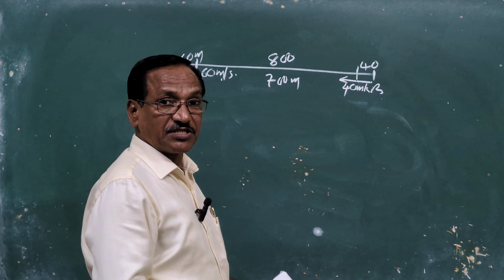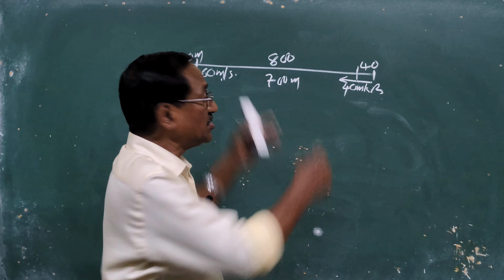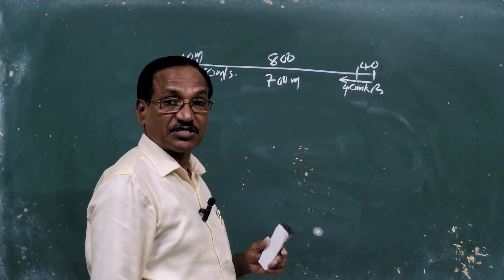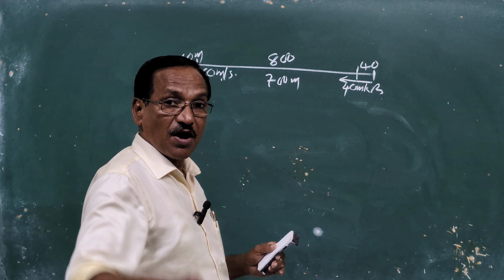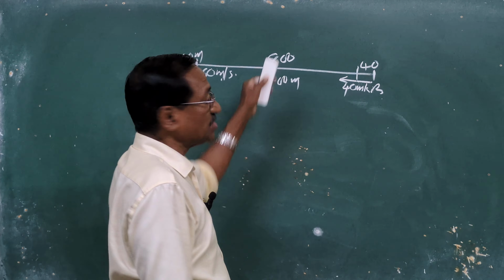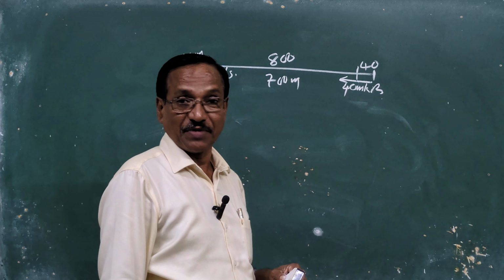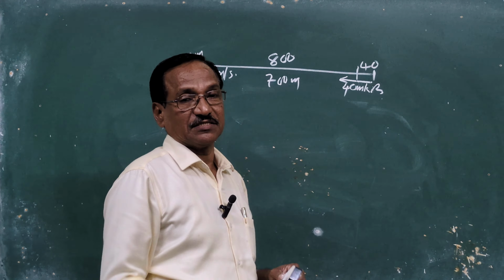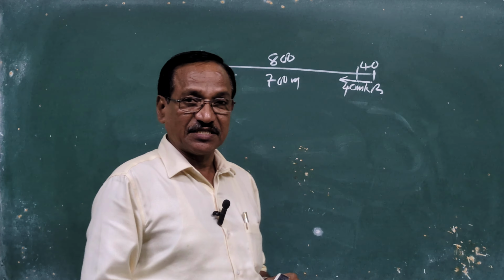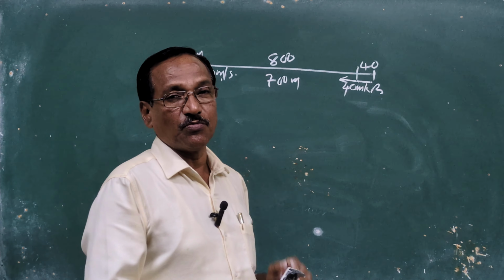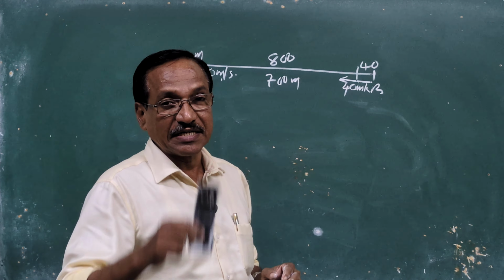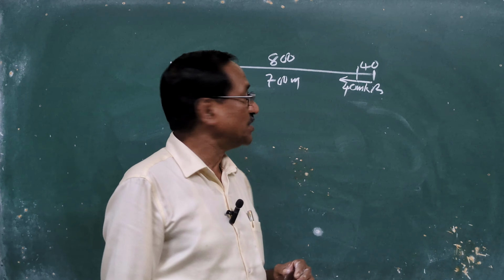Again after 1 more second, this distance will again reduce by 100. So after 2 seconds, the distance will only be 600 meter. Thus, after every second, the distance between the two bodies will be decreased by 100 meter each.